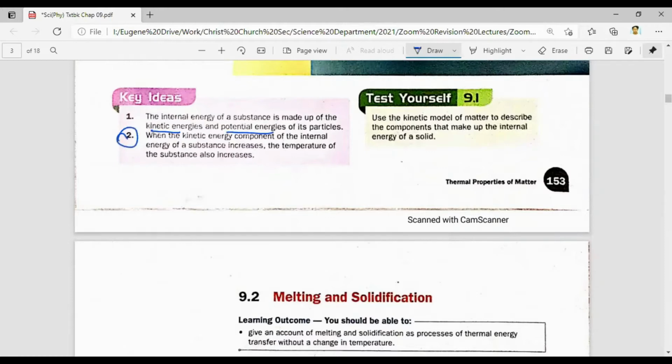This second key idea is linked to what we covered in the kinetic model of matter, in the very last part, where we say when temperature increases, the average KE of the particles will increase, which will lead to an increase in the average speed of the particles. This is mentioned in your chapter 7 actually.